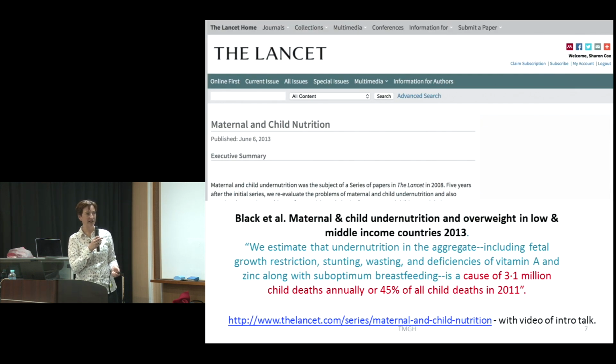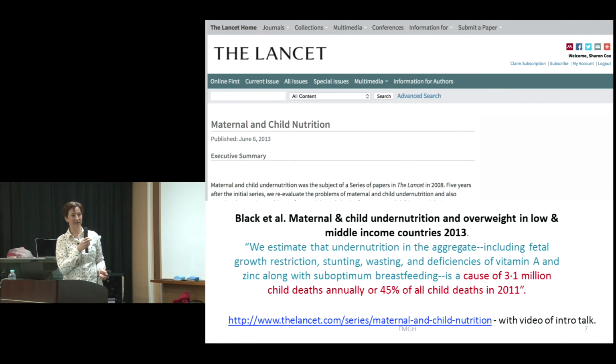And then there's a more recent analysis. So now we've gone from 1995 to 2013, and a similar analysis still estimates that undernutrition in aggregate, including fetal growth restriction, stunting, wasting, and deficiencies of vitamin A and zinc, along with suboptimum breastfeeding, is a cause of 3.1 million deaths, and 45% of all child deaths.